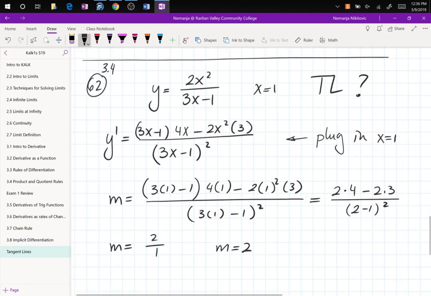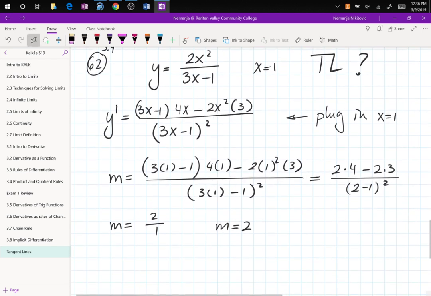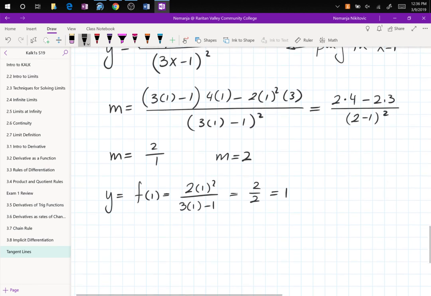So we have the slope. Now to find the y value, we plug in 1 in the original function. So that's 2 times 1 squared over 3 times 1 minus 1, which is 2 divided by 2, which is 1. And now we have everything we need to calculate our line, because slope is 2 and the point is 1, 1.